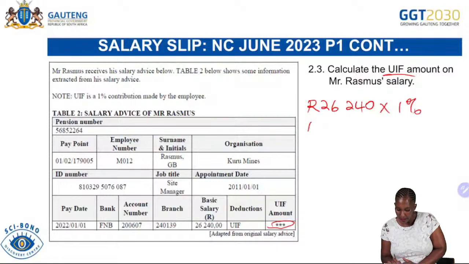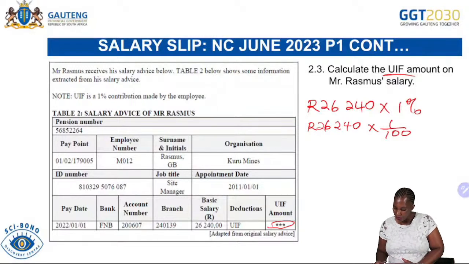1%. And then if you prefer, you can write it this way. 26,240, multiply it by 1/100. Now quickly, it's 26,240. We multiply it by 1/100, which is 0.01.